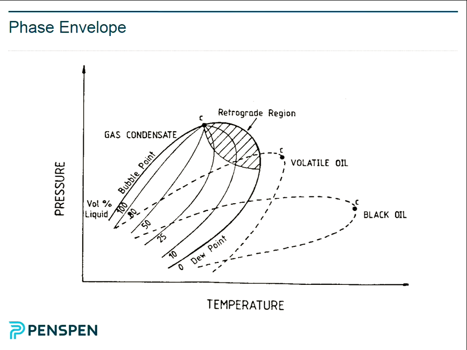If you imagine that you're at the critical point, tiny variations in temperature and pressure will switch you between 100% liquid, no liquid, 10% liquid, 20% liquid. So operating close to that is probably not a good idea. You're going to get very unpredictable phase behaviour.